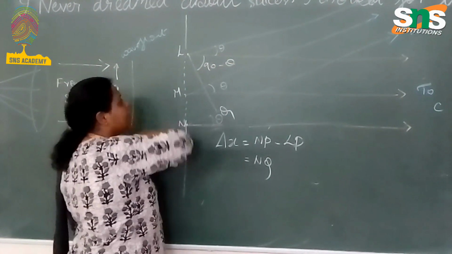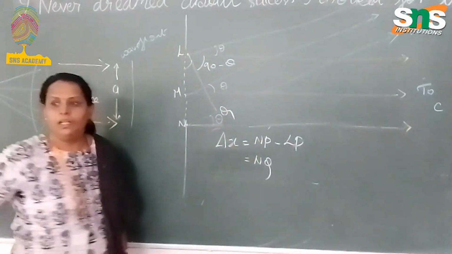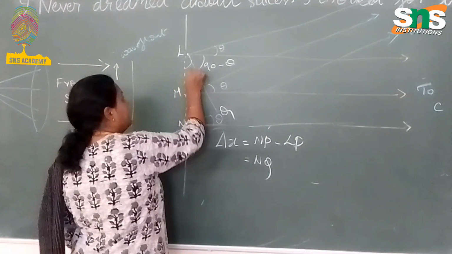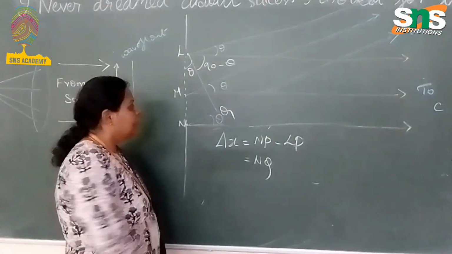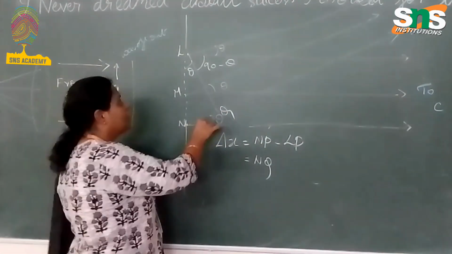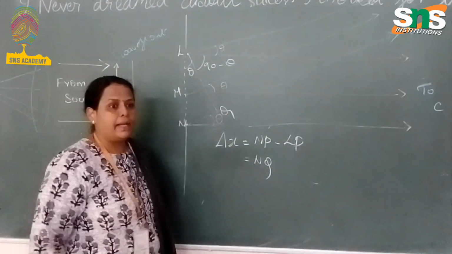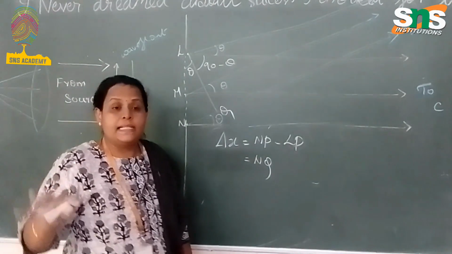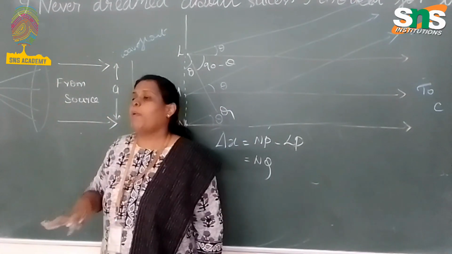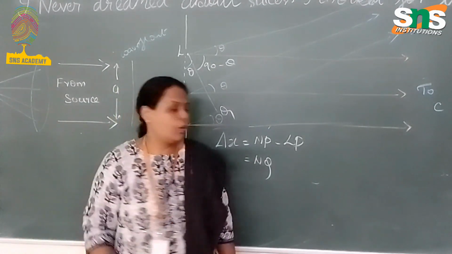And if it is 90 minus theta, what will be this angle? Very good, again it will be theta. So in this case I have to find out NQ. NQ is just opposite to theta. Among sin theta, cos theta, tan theta, which one deals with the opposite? It's sin theta.